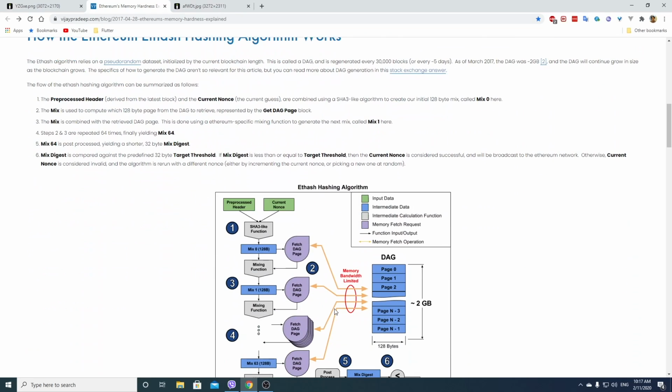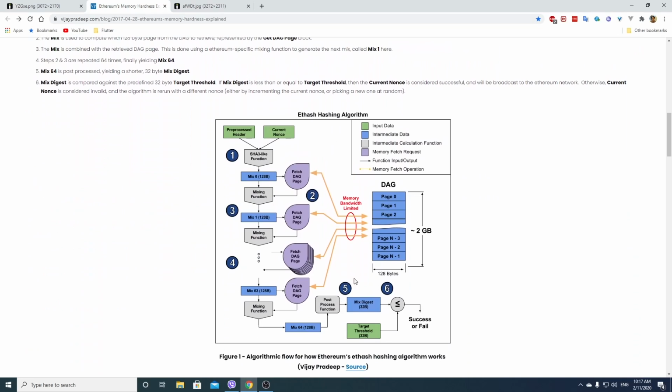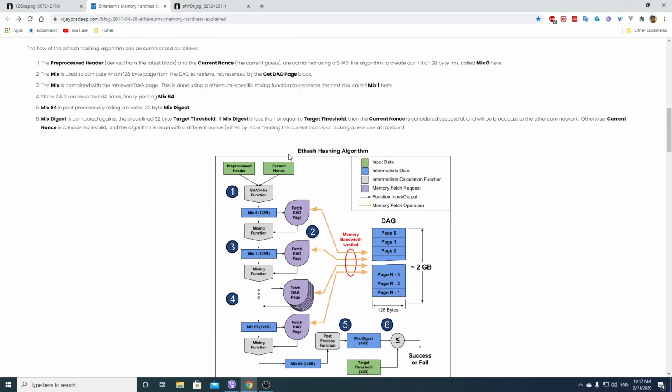So why? How? It's because they made mining use a lot of data, and they forced the miner to access this large data set. At the time of this drawing, it was 1 gigabyte. So the idea is that you have a header, right?